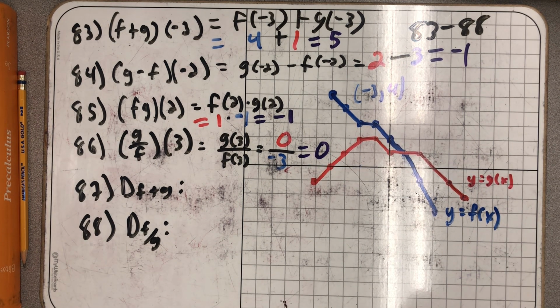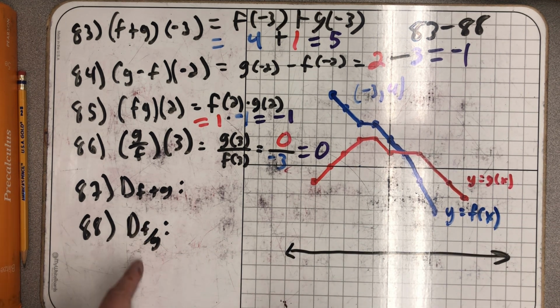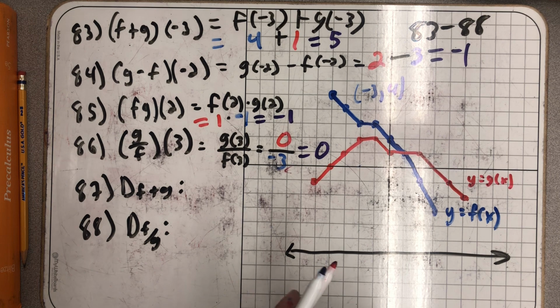All right. Two last things to do here in section 1.7. I'm supposed to find the domains of f plus g and f over g. And we can do that the same way we did it in the previous problems. I first need to know the domain of f.